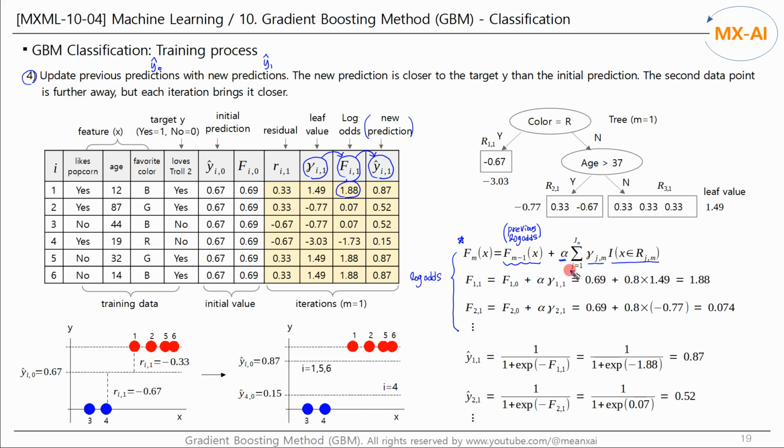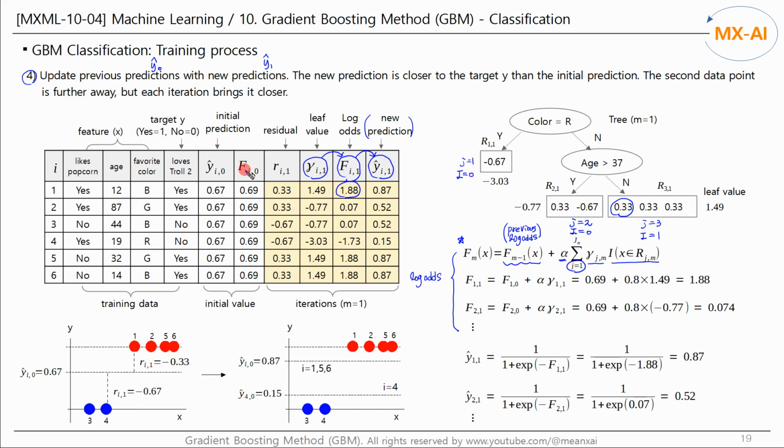J is the leaf node number. In this tree, j is from 1 to 3. The first data point belongs to the third leaf node. So the indicator function, I, is 1, only when j is 3. And all other I are 0.